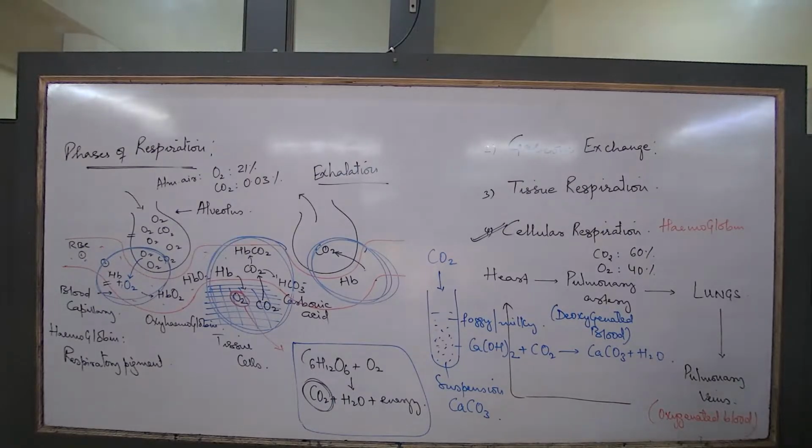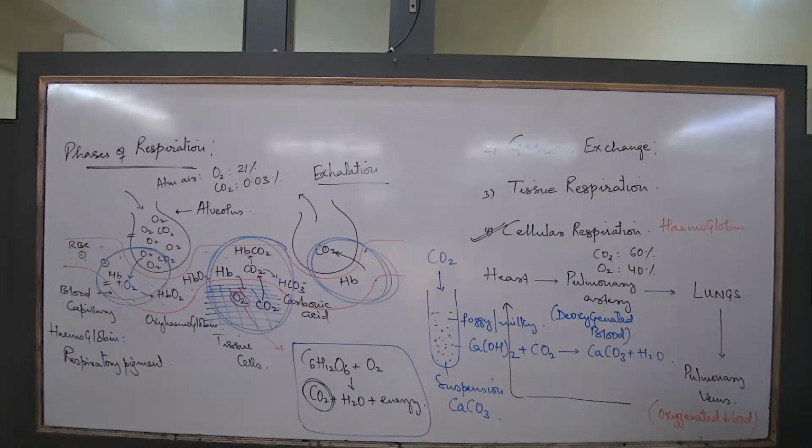Okay. Moving to 11 now. Observe the diagram. What does it help to conclude when the person is exhaling? Number 1: Percentage of carbon dioxide is more in inhaled air. Is that true? False. It is more in the exhaled air.